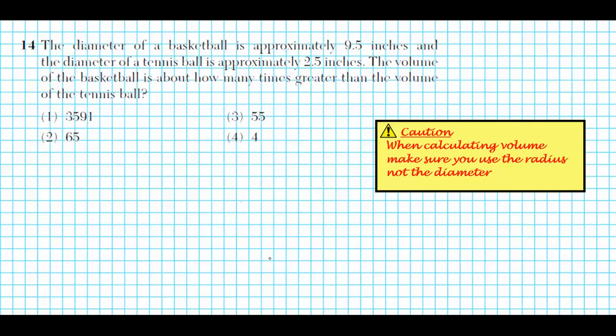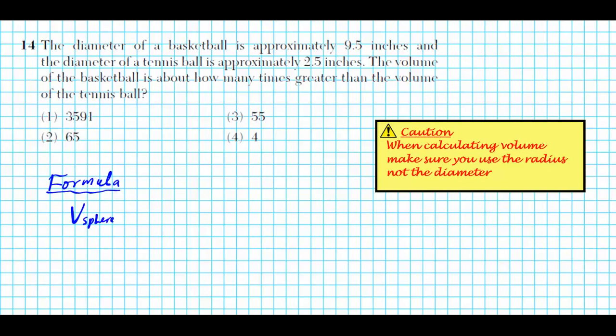Now let's take a look at the formula first before we start computing and comparing the volumes of the two spheres. The balls we're looking at, basketball and tennis ball, are spherical objects. So we're looking at the volume of the sphere.